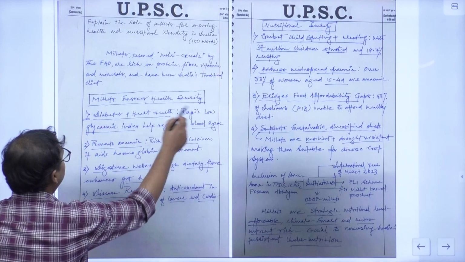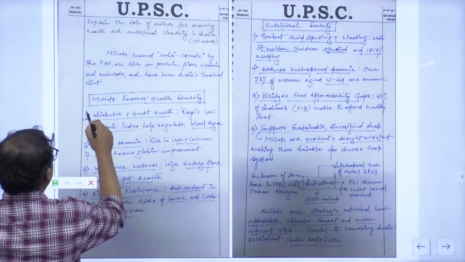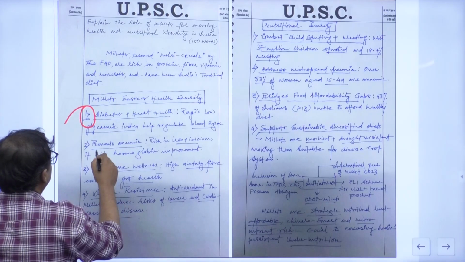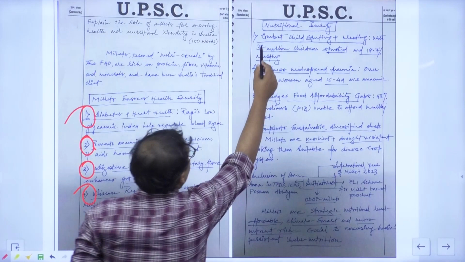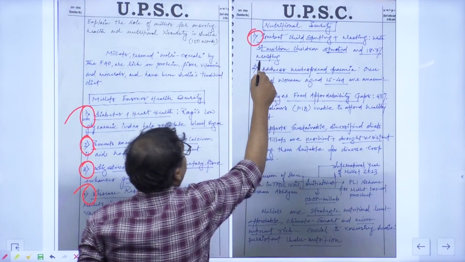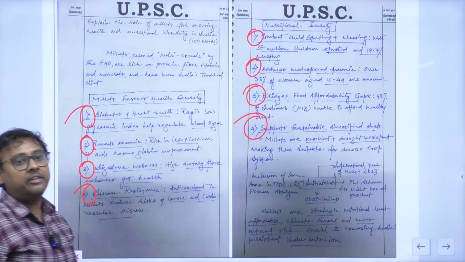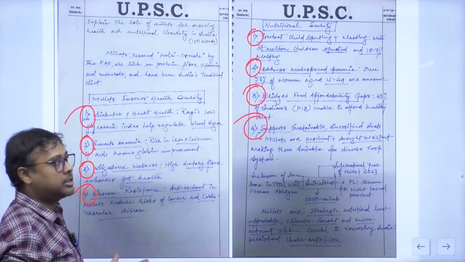The moment you use this numbering, and again here, nutritional security, what you are doing is you are quantifying. So the examiner can see that you have given 4 dimensions over here.